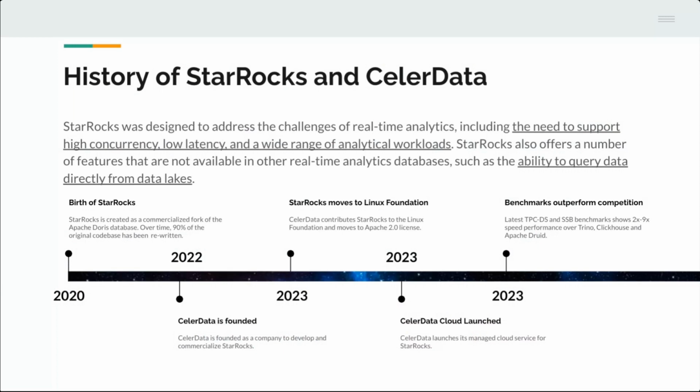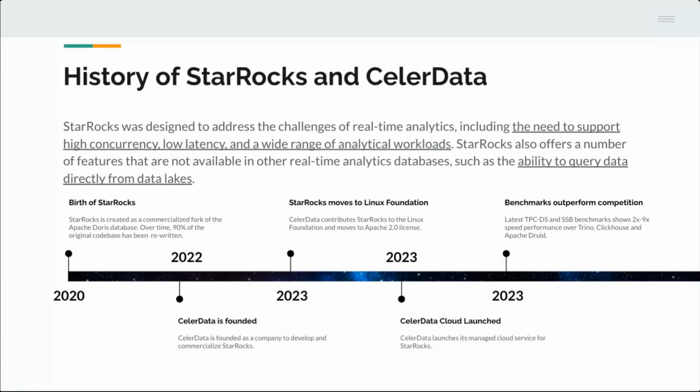Now, we're not the only set of committers for the StarRocks project. There are other committers from different companies that contribute code to StarRocks, but we're probably the largest in terms of overall code base. And a little bit about our history: the birth of StarRocks was in 2020. We were initially a commercialized fork of Apache Doris.